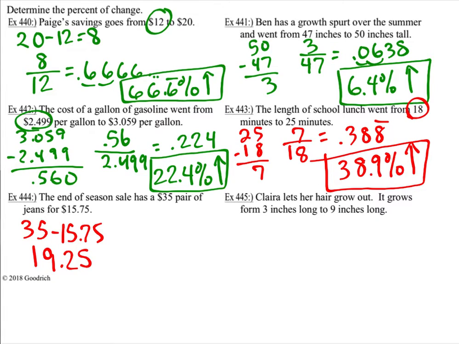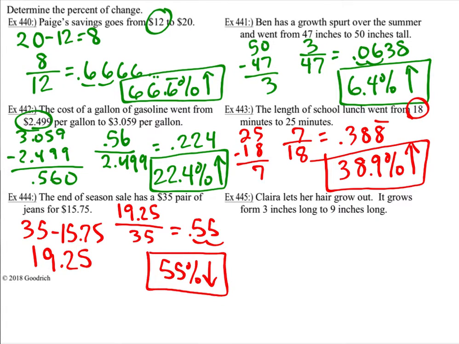So it changed by $19.25, and that's compared to the original price of a $35 pair of jeans. Let's do $19.25 divided by 35. That is 0.55. Move the decimal. This is a 55% decrease. In future lessons, we're going to be calling this discount. This is a 55% discount.